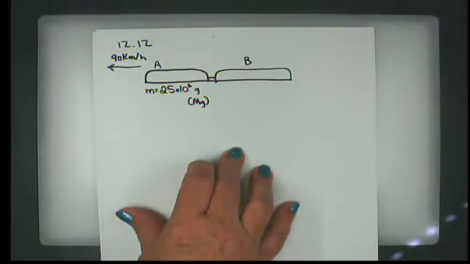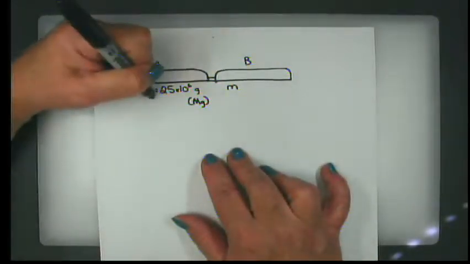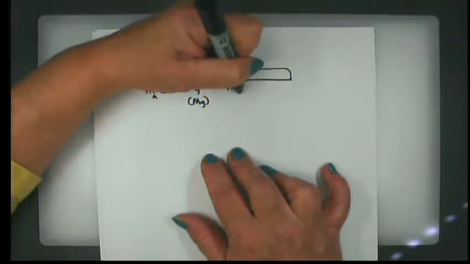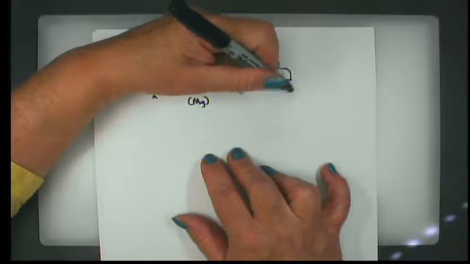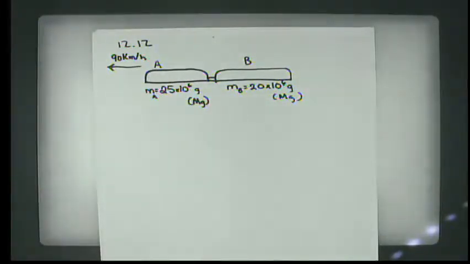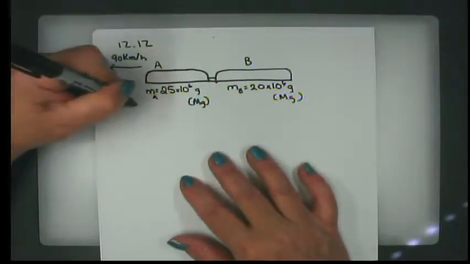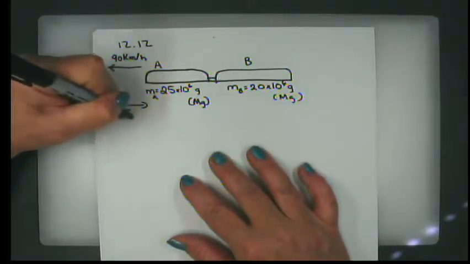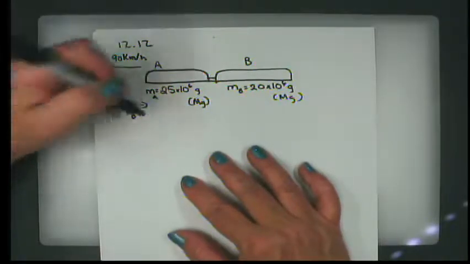And car B has a mass of 20 megagrams. The braking force is 30 kilonewtons on each car. So if the car is moving this way, the force of the brakes acting on each car is going to be 30 kilonewtons.